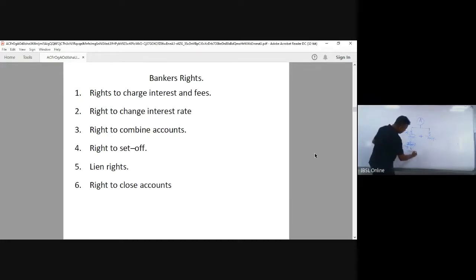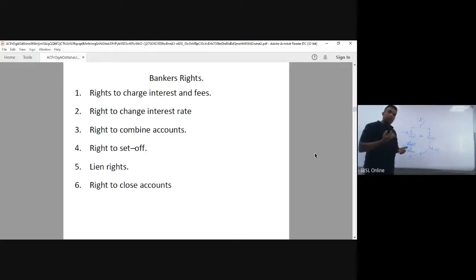Now after paying the check, there is a balance of minus 2,000, that is, the account is overdrawn. There's an OD balance. Now the bank can set off this 2,000 rupees in the other account, recover these 2,000 rupees, and then the balance will be zero. So the benefit of the set off comes to the bank.